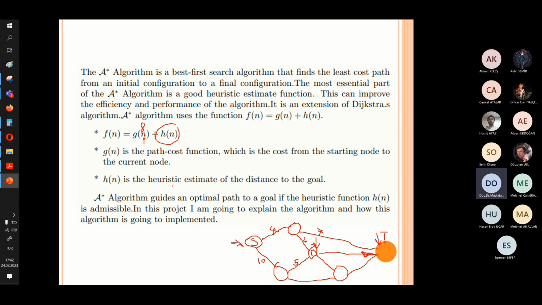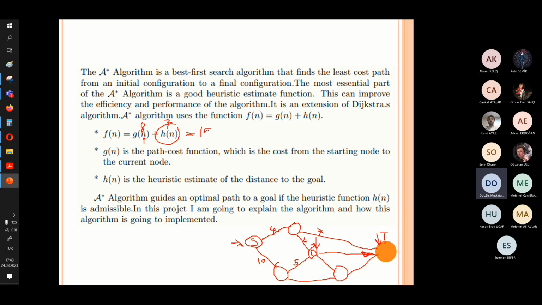So the actual cost of starting from S, passing through N and reaching the target T is actually 4 plus 4, that is 8, plus the heuristic value of 15. So we can say that if we start from S and pass through N by following the shortest distance, then going to the target will cost us almost 15 units. Okay, the cost is 15.